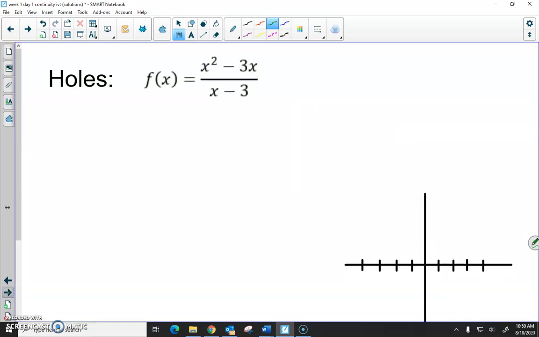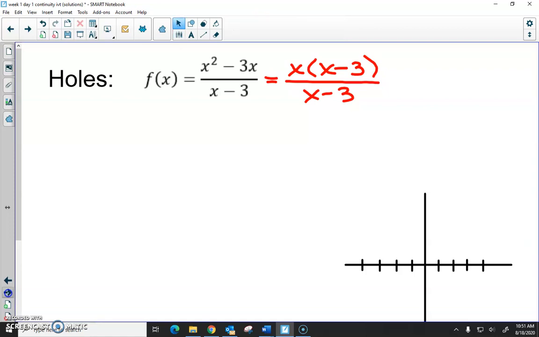All right, so what about holes? On this one right here, I want to try and factor the numerator if possible, and I can factor out an x from it, and that leaves me with x times the quantity x minus 3 all over x minus 3. Well, this can be simplified.